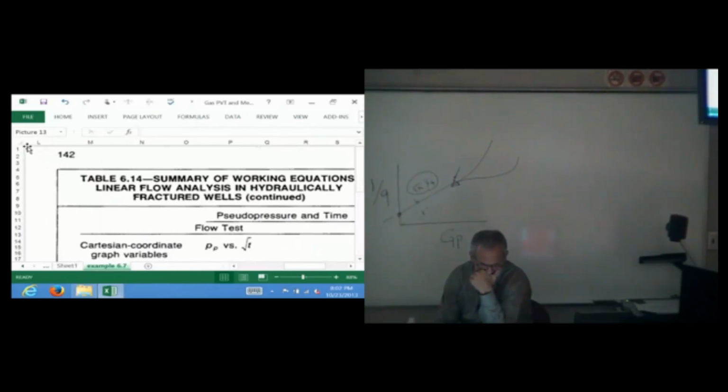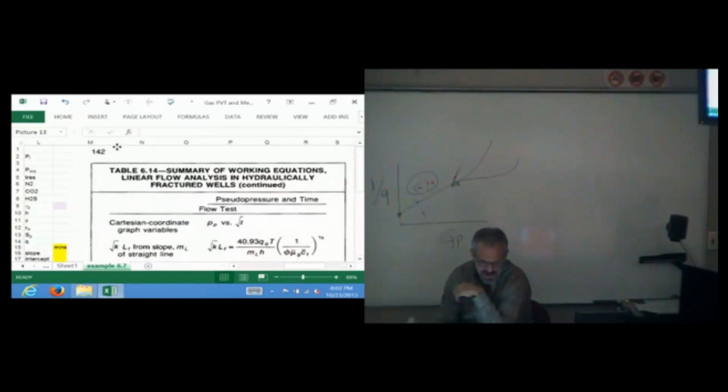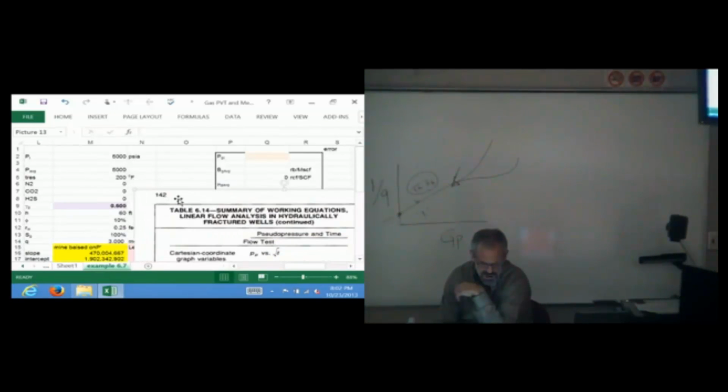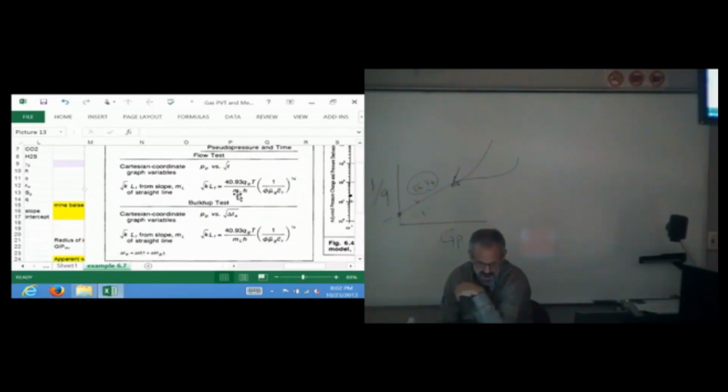I think I'm only going to be able to shrink it. Okay, I'm going to want to use an equation to calculate the square root of kxf from the slope of a straight line. This is on a flow test, pseudo pressure versus the square root of time. I currently don't have a column for the square root of time, and I'm going to put that in.